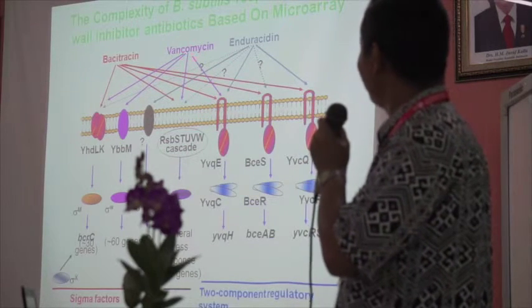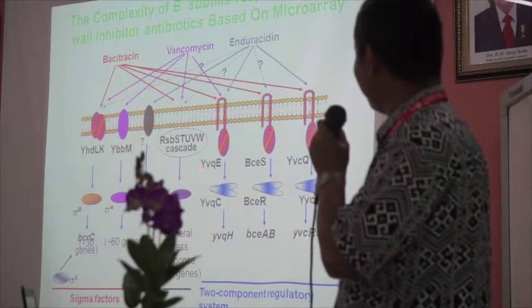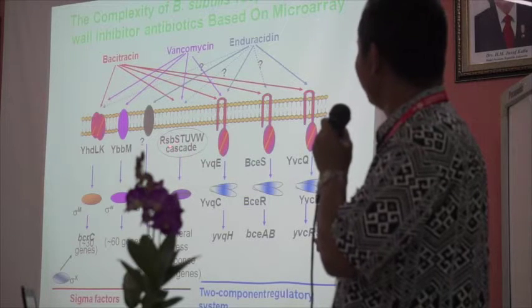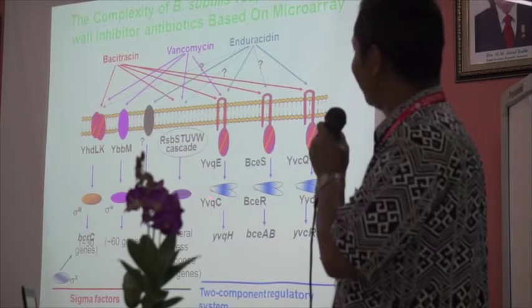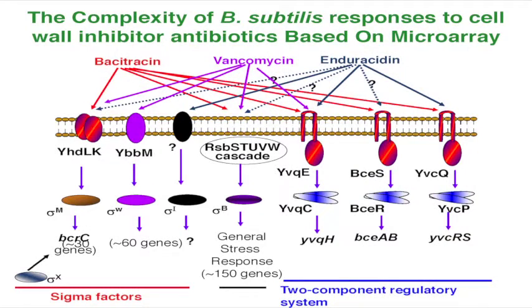For example, with vancomycin, there is a cascade of one, two, three, four, five genes, and then it goes to the sigma factors, and the sigma factor will induce the expression of around 150 genes. So again, gene expression and its regulation are not as simple as we imagine, but a very complex system.